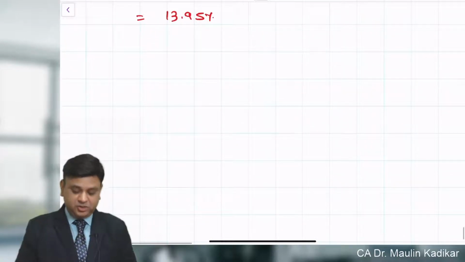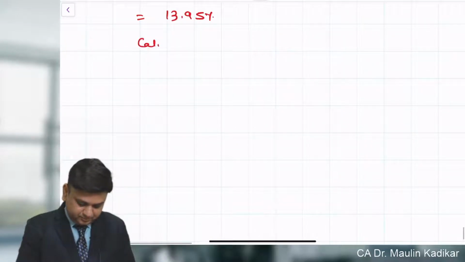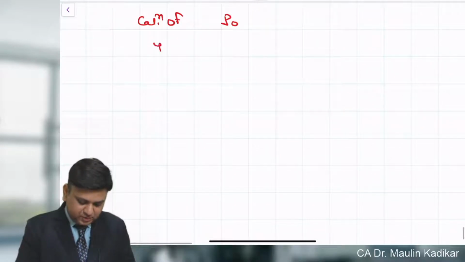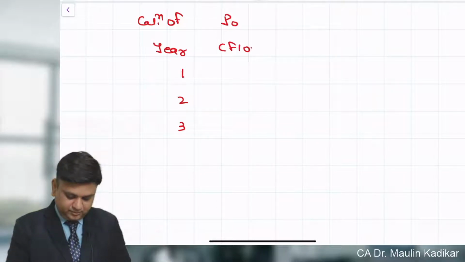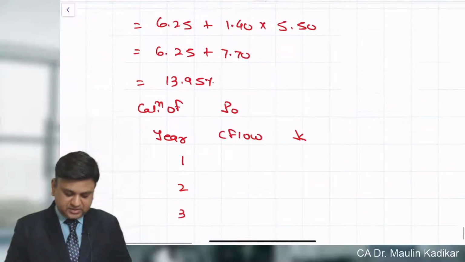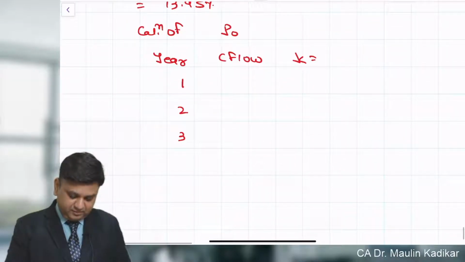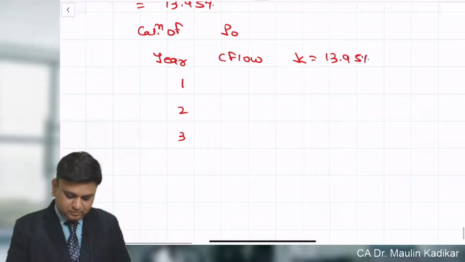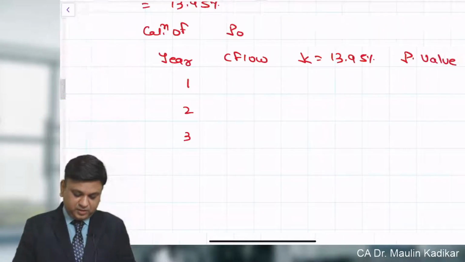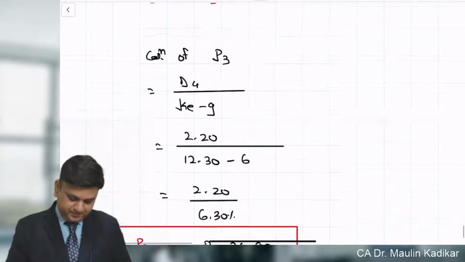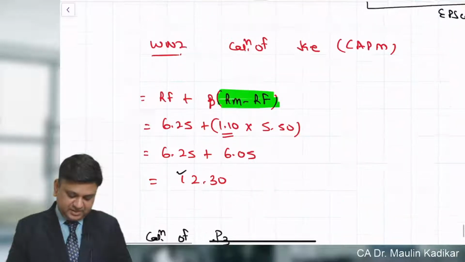Now calculation of P0. Let us see how to do it. First year, second year and third year. Cash flow, discounting at 13.95, and based on that, the present value. What is the first year cash inflow? We already found it above. It is 79 paise.